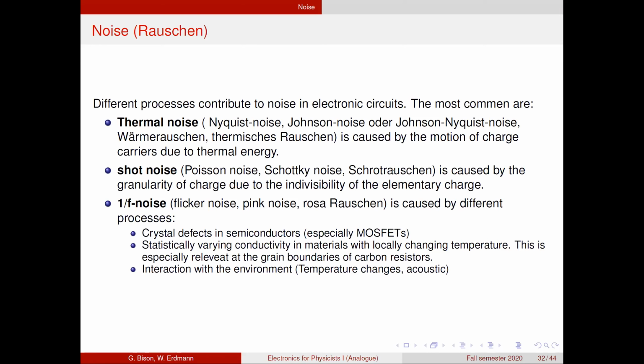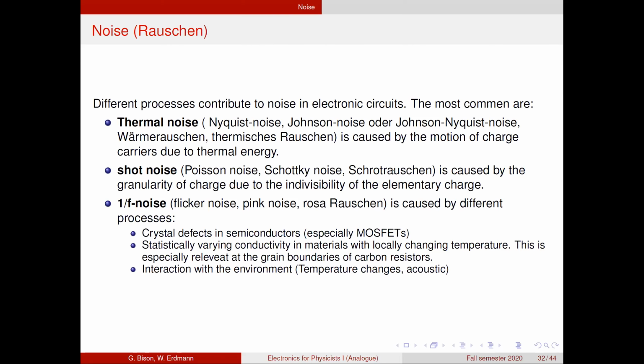And then there's 1/f noise, and in contrast to the first two examples, 1/f noise is mainly a technical noise. It's also called flicker noise, pink noise, rosa Rauschen, and it can be caused by different things, for example, crystal defects in semiconductors, or statistically varying conductivity.